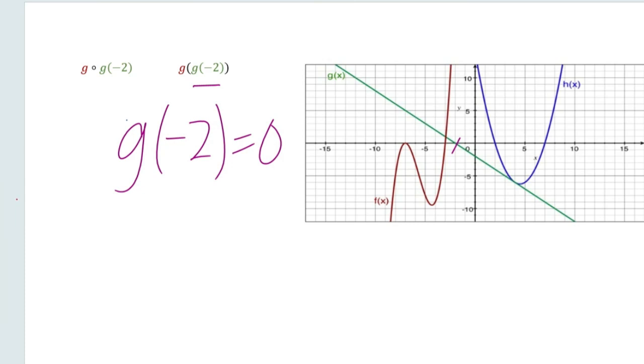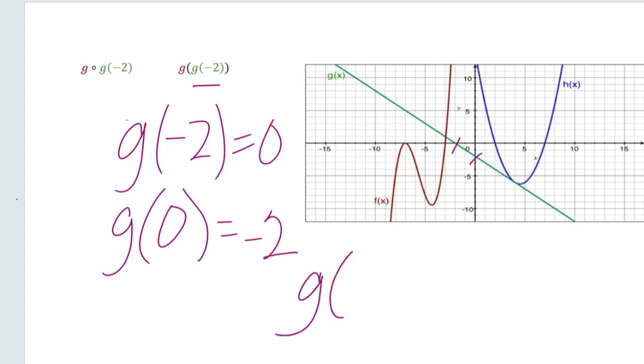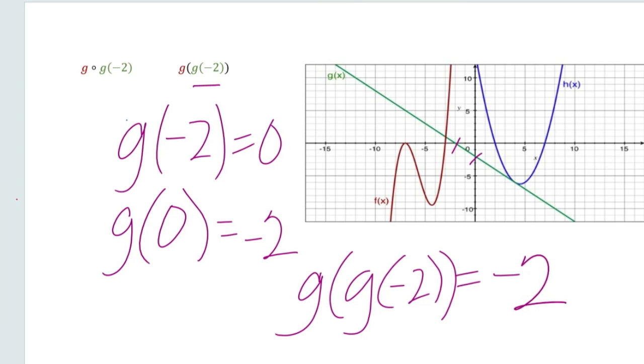So then we're going to plop in g of 0, and what does that equal? So when x is 0, y is -2. So our answer would be g of g of -2 is equal to -2.